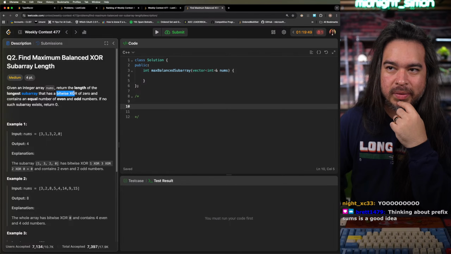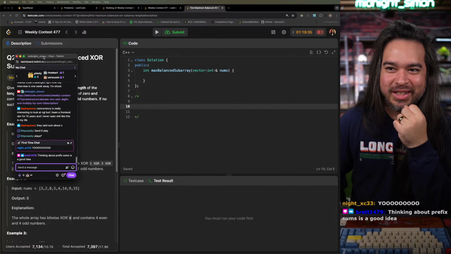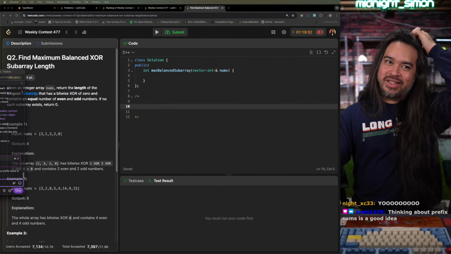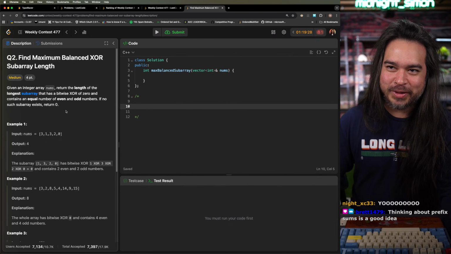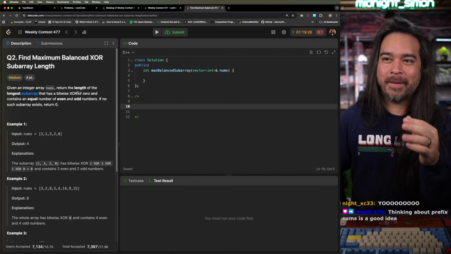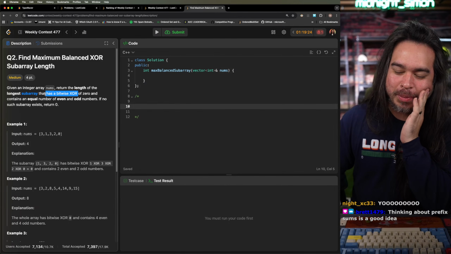Bitwise XOR. I guess, think. Hey Brett, what's happening? How you doing, man? Thinking about prefix sums is a good idea. Yes, good idea for prefix sums. But XOR is tripping me up, man.